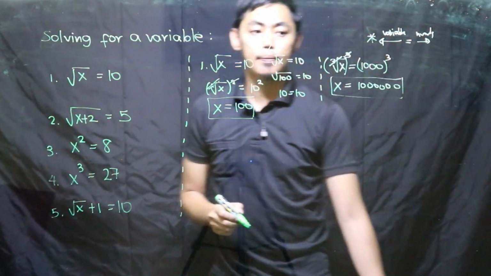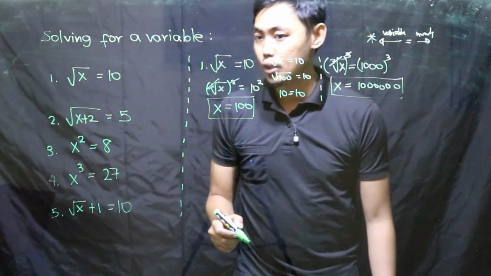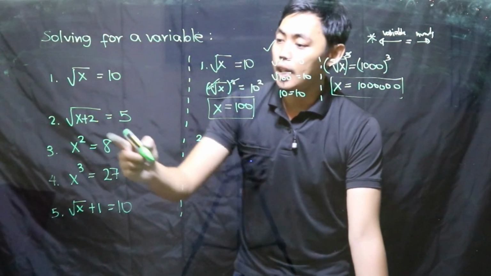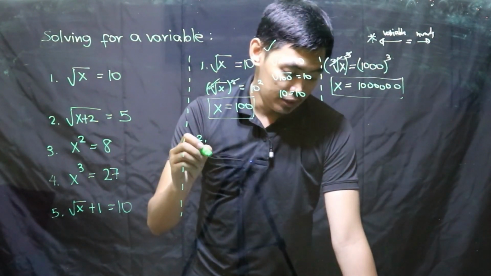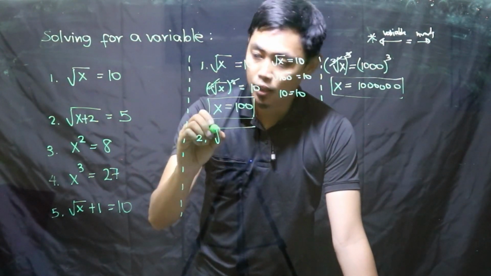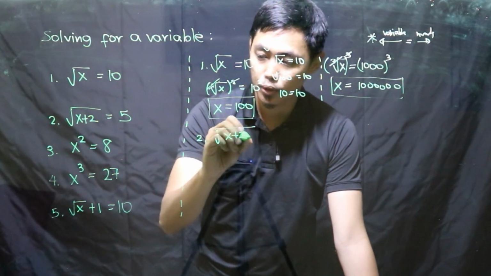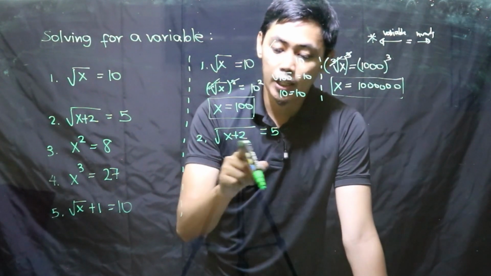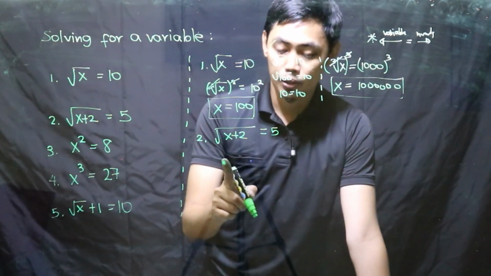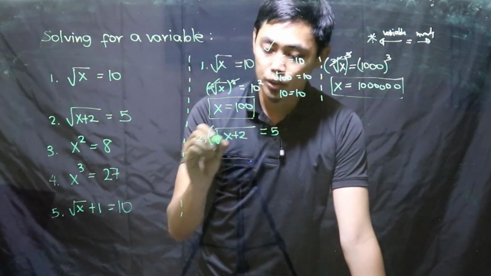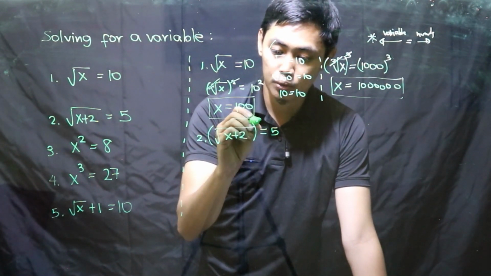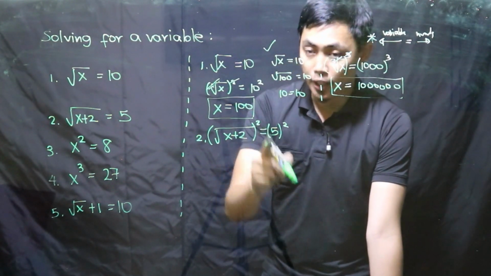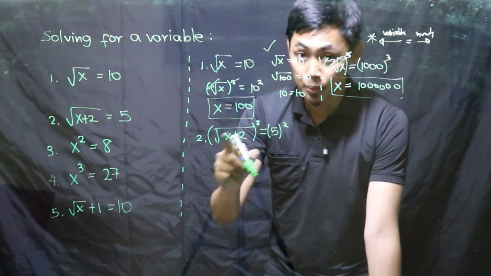So that's the way to solve it. Let's go to the next rule, number 2. If you have something like square root of x plus 2 is equal to 5, with everything under one square root symbol, what you will need to do is raise that to a specific power, in this case squared, since everything is covered by the square root.